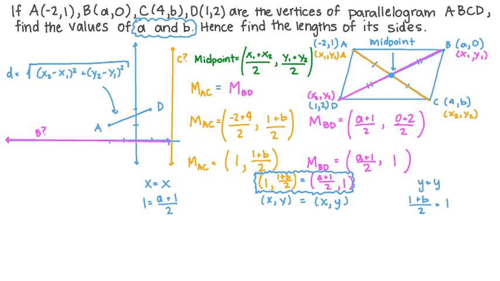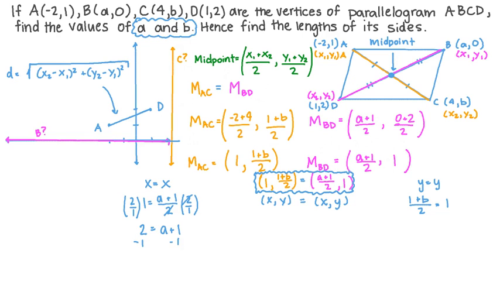Looking at the x-coordinates first, I want to get rid of that 2 in the denominator, so I'll multiply the right side by 2 over 1. If I multiply the right side by 2 over 1, then I need to multiply the left side by 2 over 1. 2 times 1 on the left equals 2. On the right, the 2's cancel out, and we're left with a plus 1.